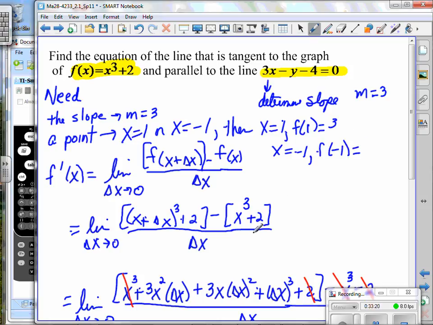How much? You sure? Negative 1 cubed is negative 1. Negative 1 plus 2 is positive 1. Do we have points now? We have the point (1, 3), and we have the point (negative 1, 1).